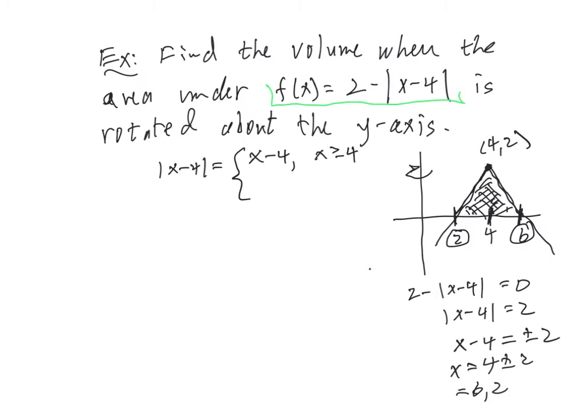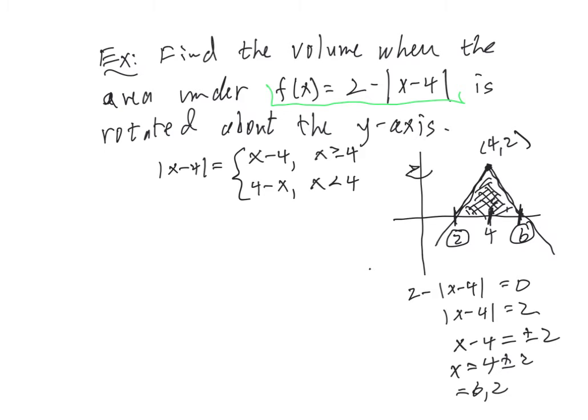And otherwise it's the opposite of that number, just like we said down here, the absolute value of 2, one of them was negative 2. So the opposite of x minus 4 is 4 minus x, and that's going to be true whenever x minus 4 is negative, which happens for x less than 4.